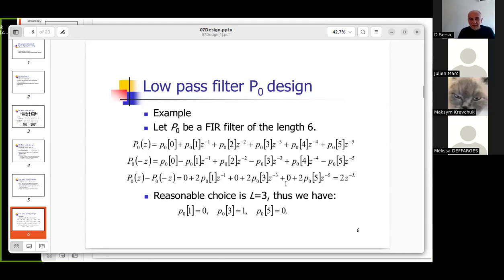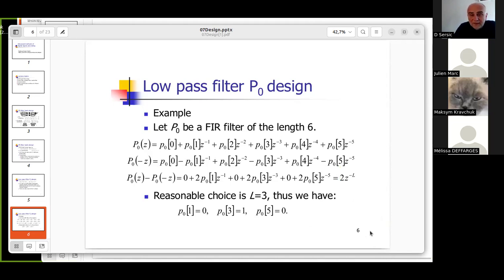What happens to odd parts? Odd parts add up, so you have 2. The result is 2 times bigger than the original one. And such a thing must be equal to 2 times some delay.